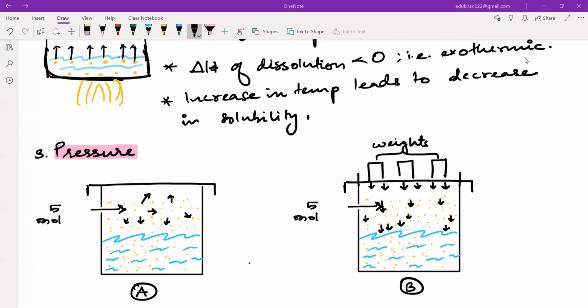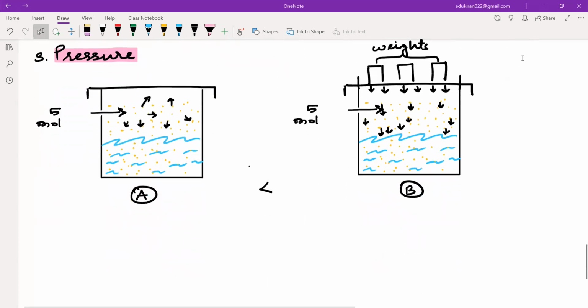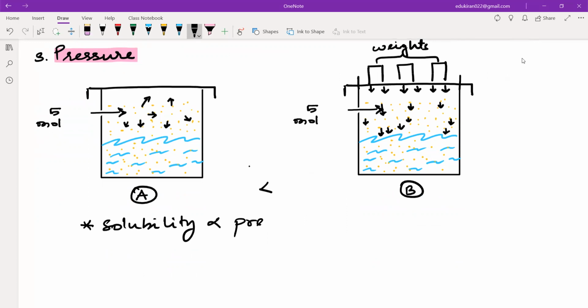Okay, so in case B we will be having more solubility. Now we have proved one thing, that solubility is directly proportional to pressure.